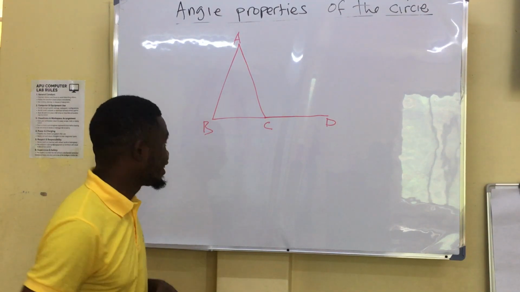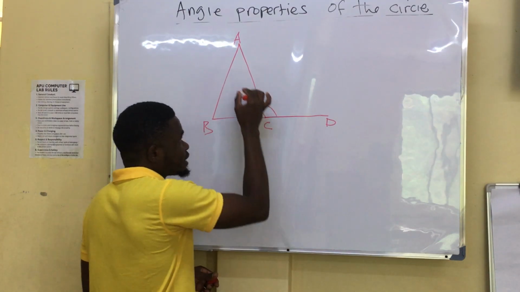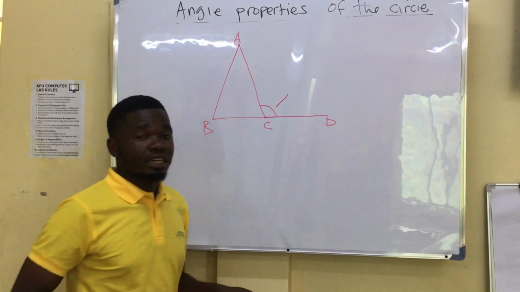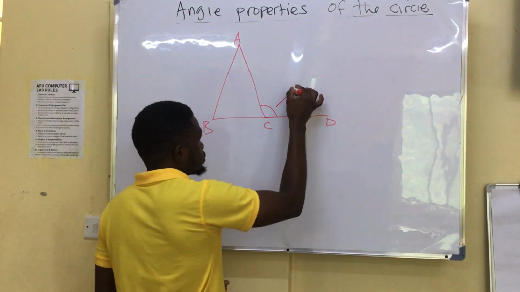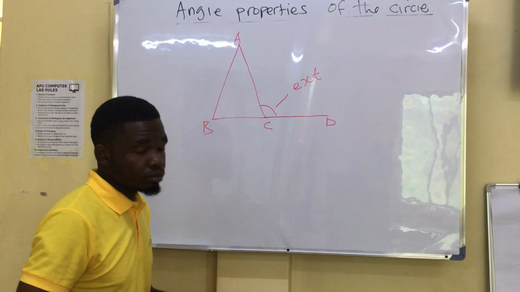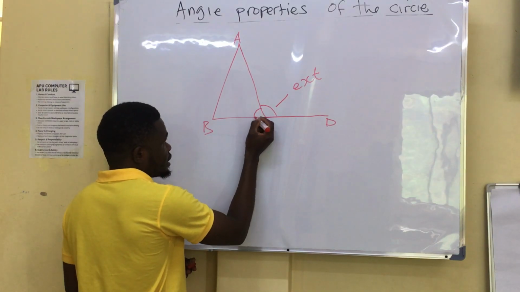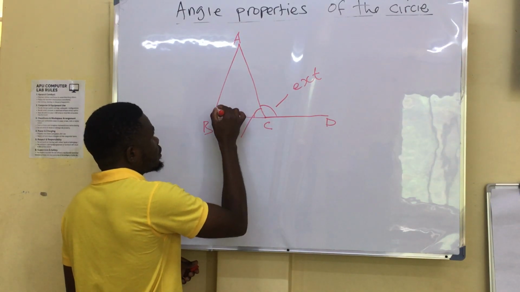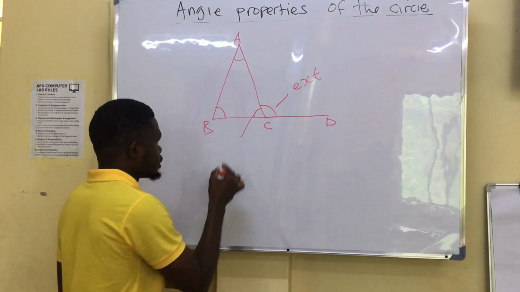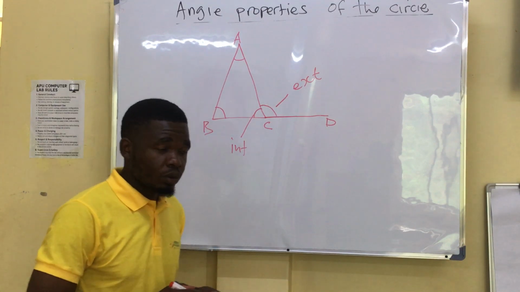So we have this angle. It's outside the triangle, so we call it an exterior angle. While we have this angle inside here, and also this angle and this angle, those ones we call interior angles.